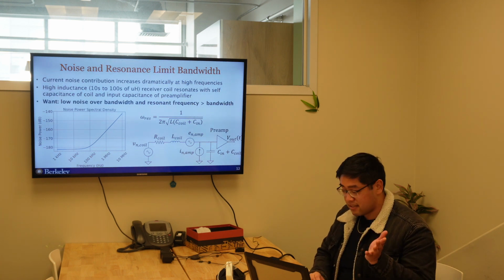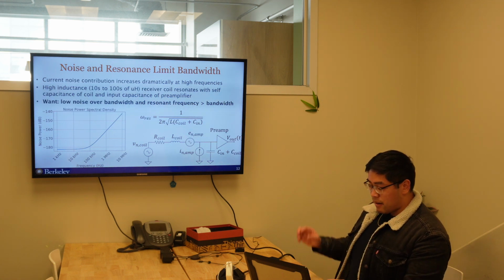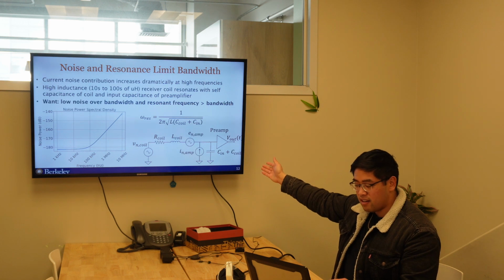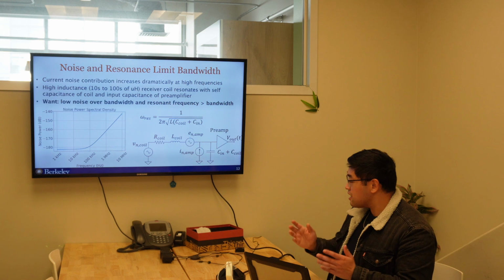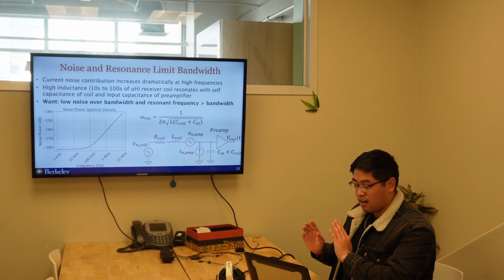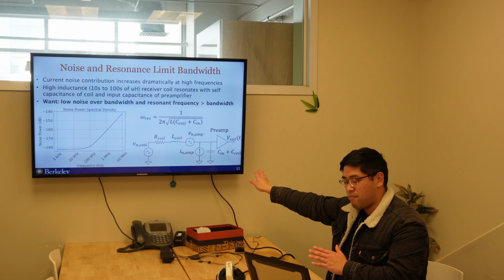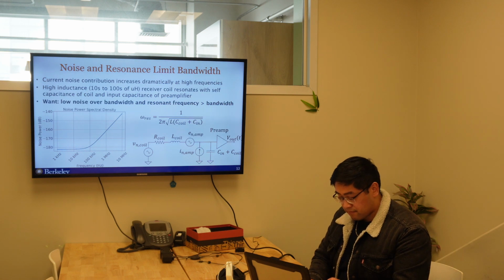And this high inductance receive coil will also resonate with the self-capacitance of the coil and the input capacitance of the preamplifier, which also limits our bandwidth. So ideally, we'd like low noise over the desired bandwidth, and we want that self-resonance to be higher than that bandwidth so that it doesn't degrade our performance.